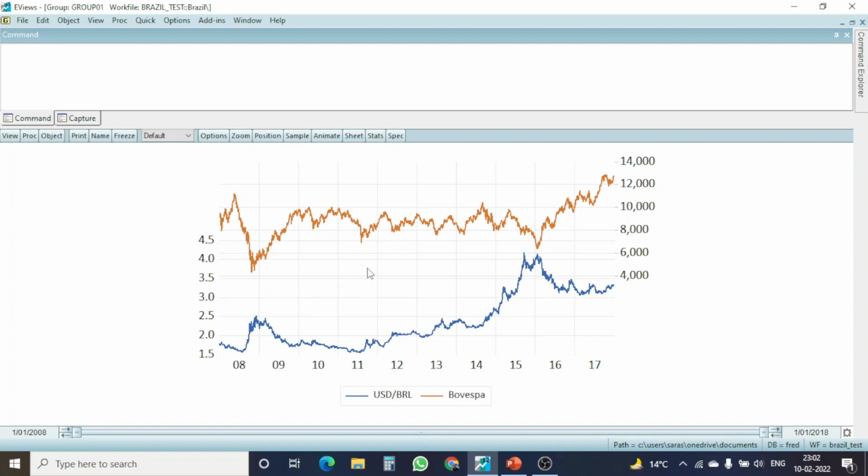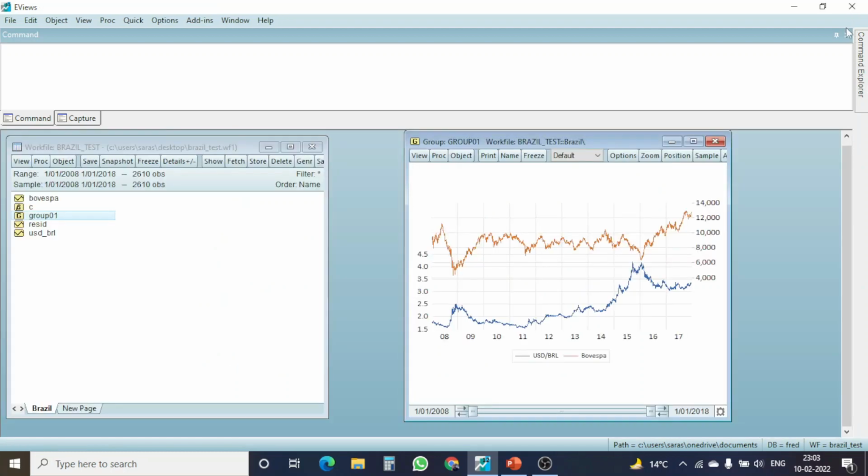There seems to be a negative relationship here. But over a period of time, the market seems to be more volatile than the exchange rate. So this is the basic information we got from this.